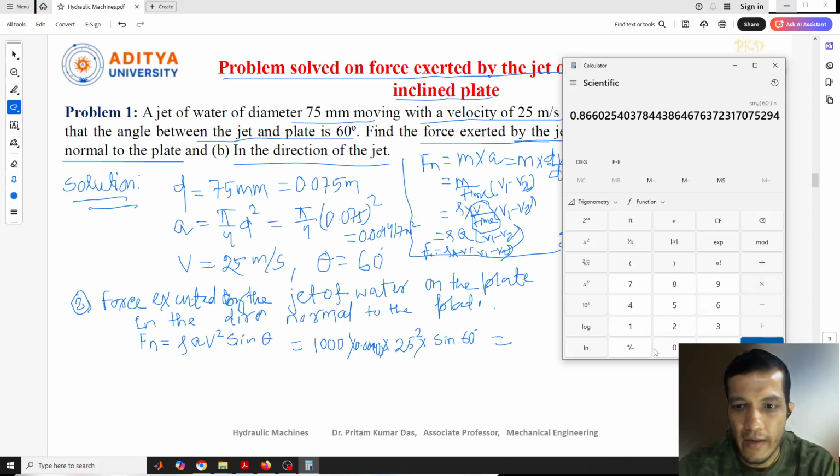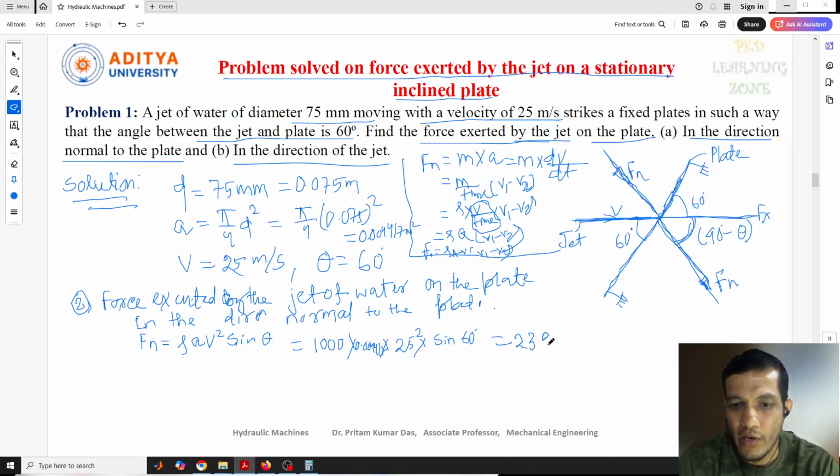Then multiply 1000 into 625 into 0.004417. Okay, 2390.77. So this is the answer actually. We need to be careful while calculating this. So this is 2390.7 Newton, and this is the force exerted by the jet of water on the plate when it is in the normal direction to the plate.